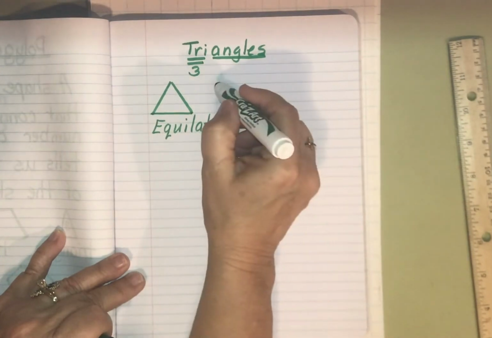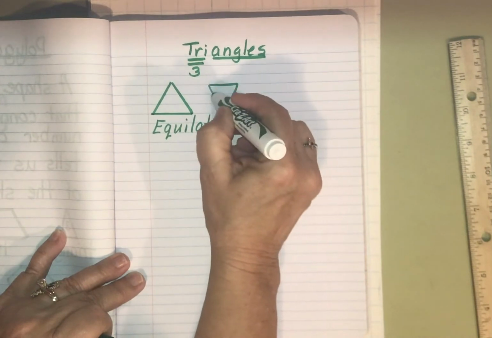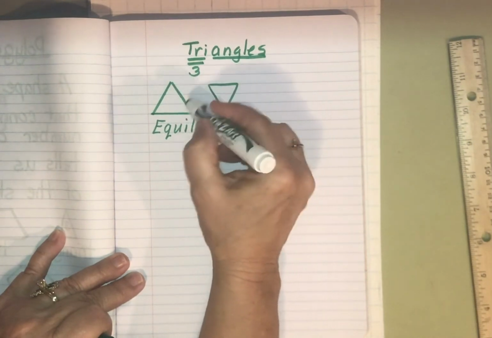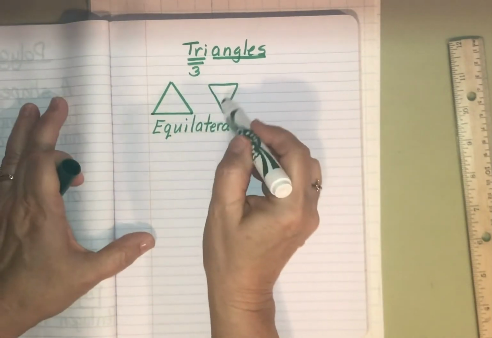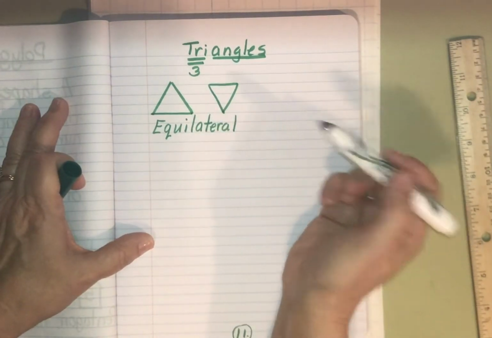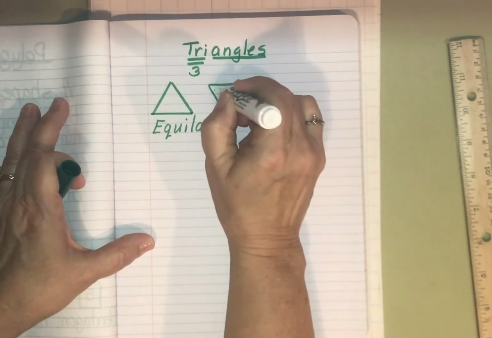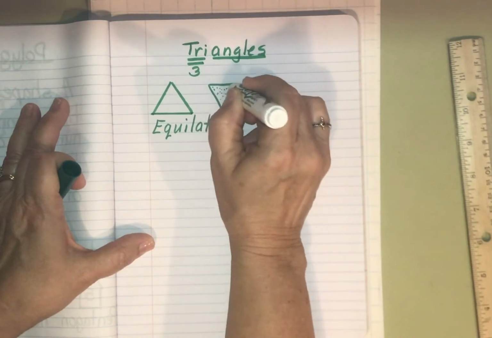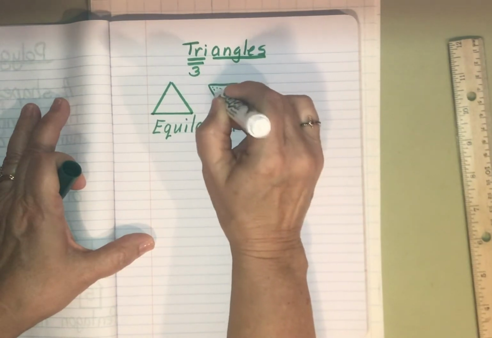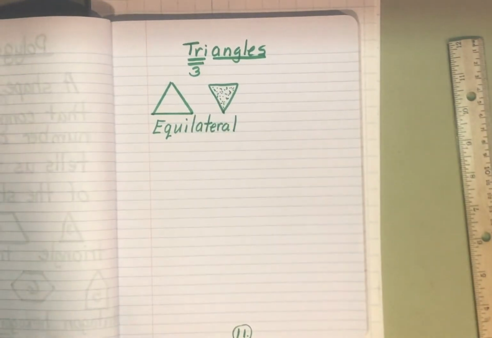Okay, now next to it we're going to draw, and notice I'm not using the ruler, but I can use these lines. I can draw it next to it, and it's going to be equilateral, the same size. And this time I'm going to put a bunch of cheese on it. This is the same shape as a Dorito. So when you open up your bag of Doritos, you're looking at equilateral triangles.